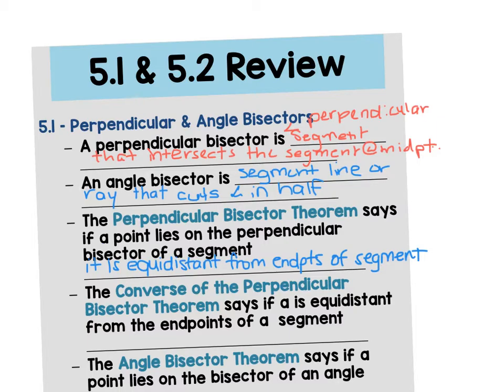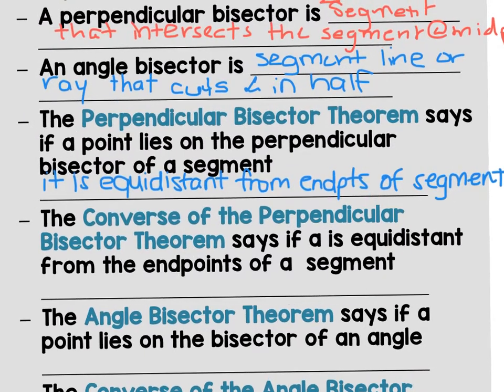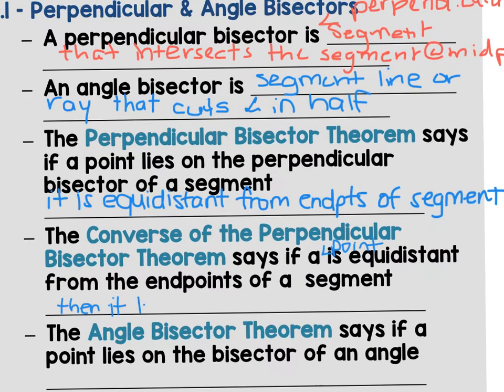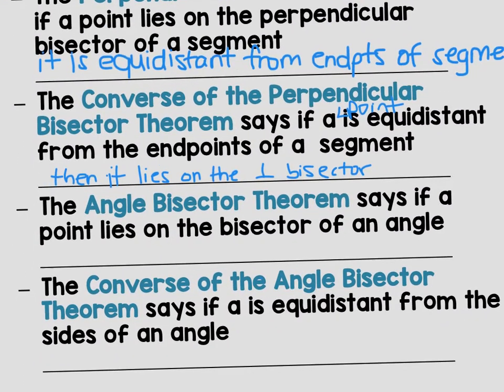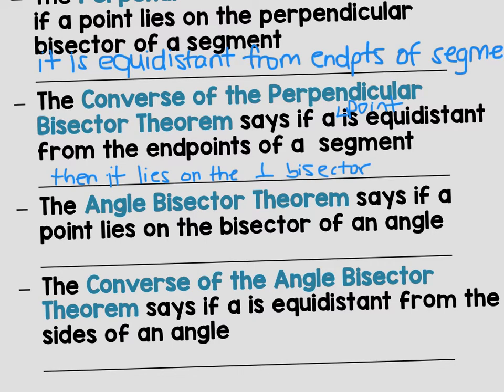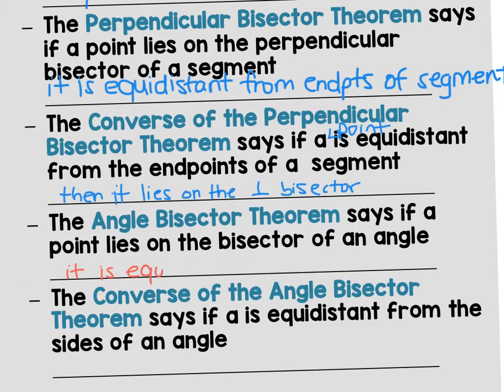All right, then the converse of the perpendicular bisector theorem said if a point is equidistant from the endpoints of a segment, then it lies on the perpendicular bisector. The angle bisector theorem says if a point lies on the bisector of an angle, it is what? Equidistant from what?